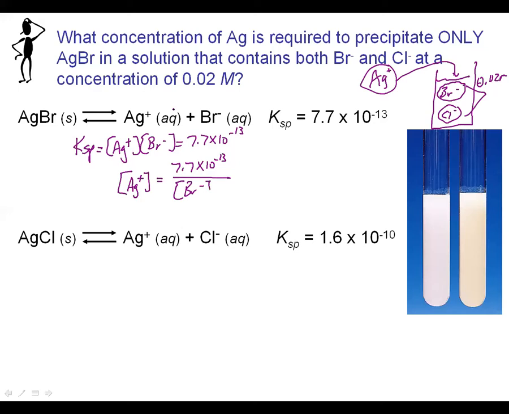In this case, we know the bromide is 0.02, so we put that into our expression. What we get is 3.9 times 10 to the minus 11.